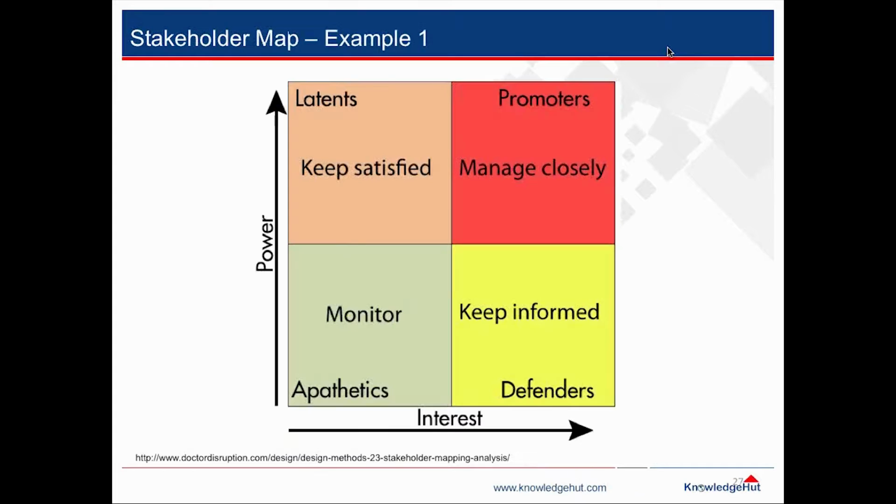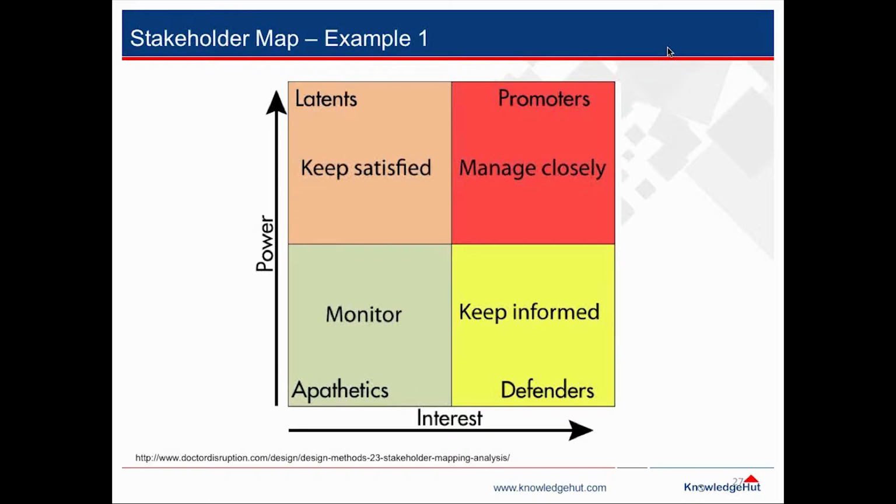I've got an example here, and so your latent players or stakeholders need to be satisfied. You really want to focus on the promoters, in the upper red box, and manage them closely.